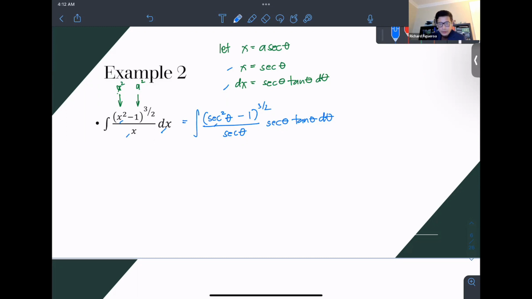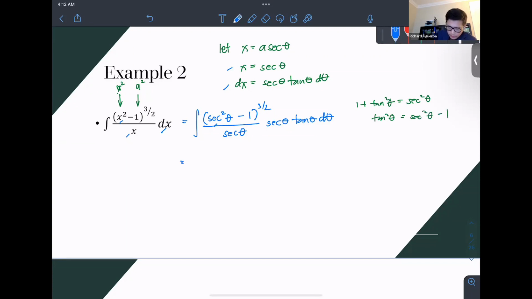Now that we have that, we are going to use the identity. Remember that we have 1 plus tangent squared theta equals secant squared theta. Therefore, tangent squared theta equals secant squared theta minus 1.